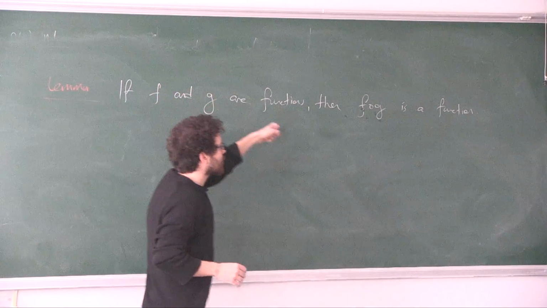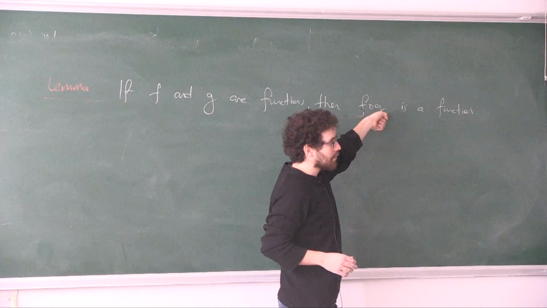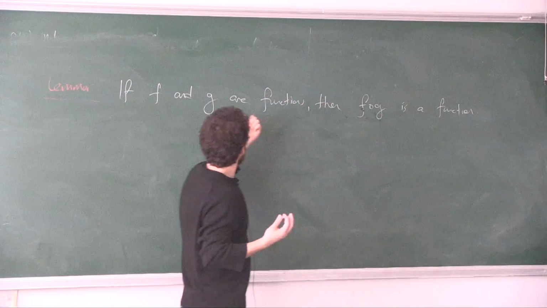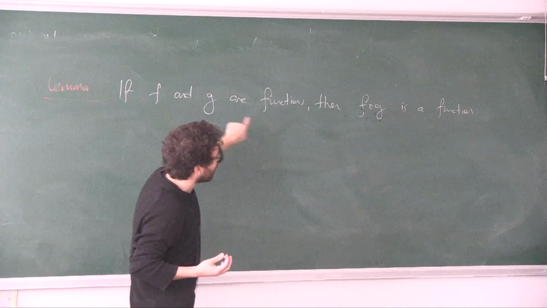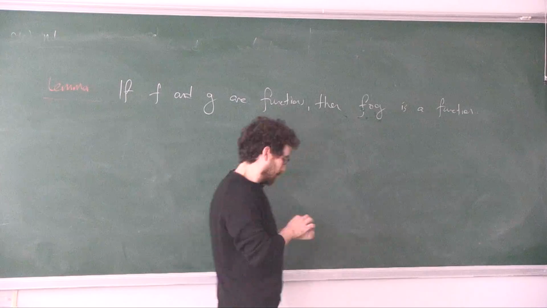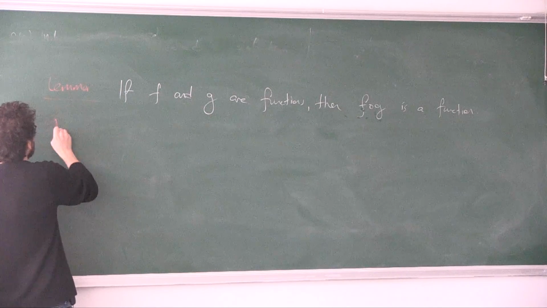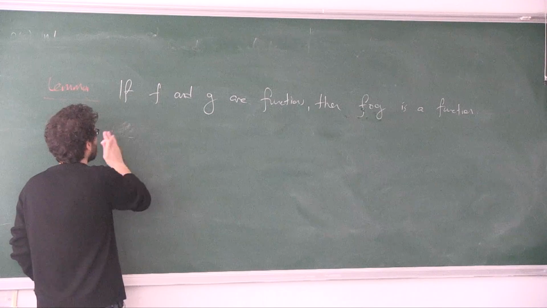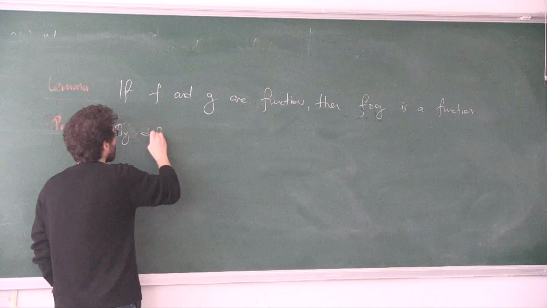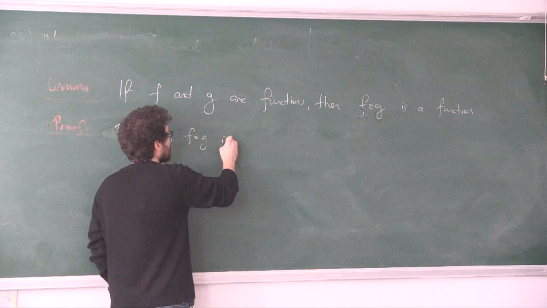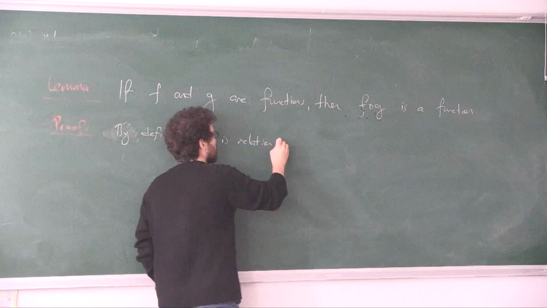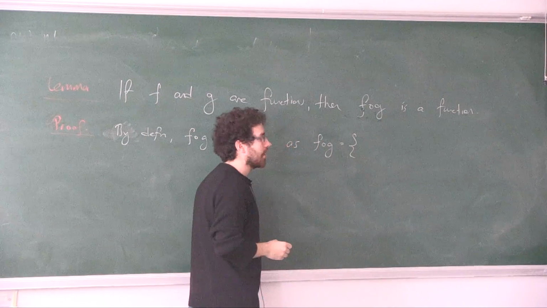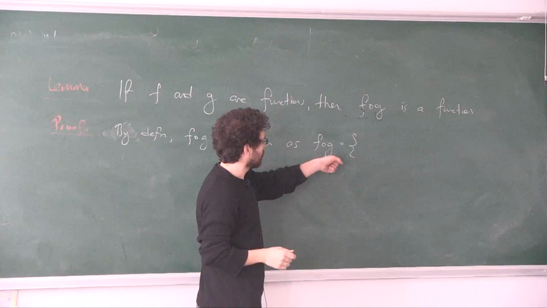If you have two relations, their composition relation is obviously a relation, just by definition. We just want to prove that whenever these relations are well-defined, then so is their composition. Okay, so by definition, this is a relation. Why? How did we define the composition of two relations?